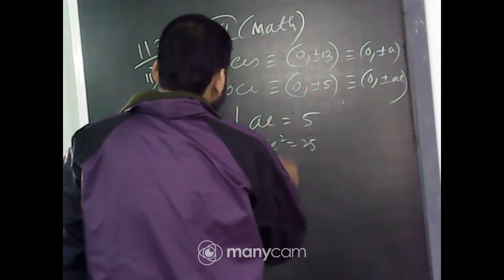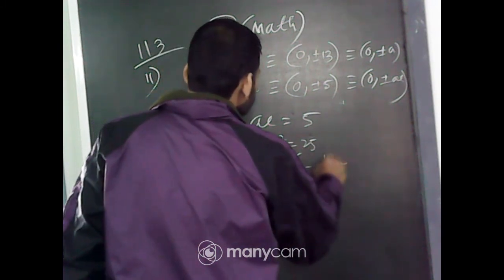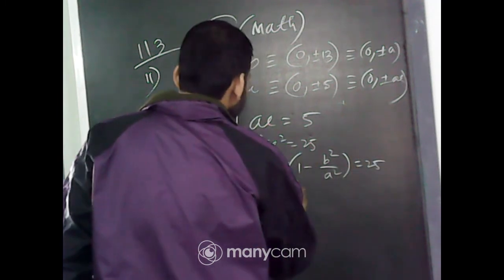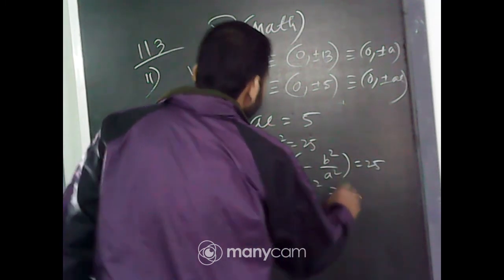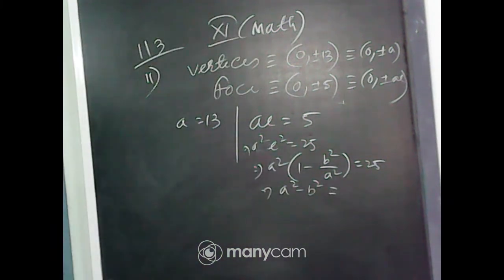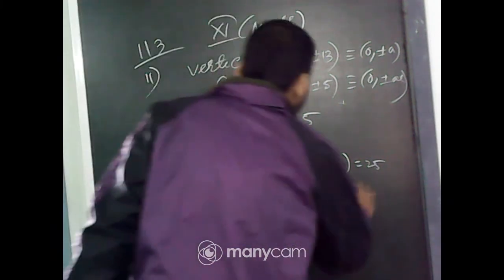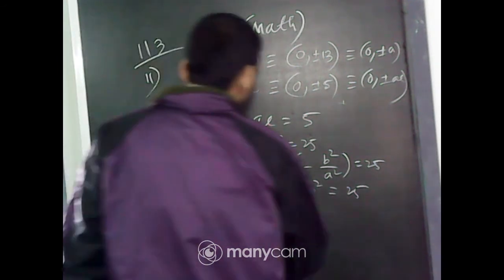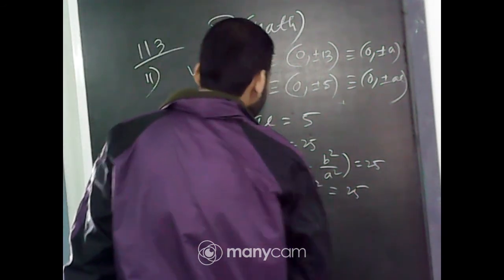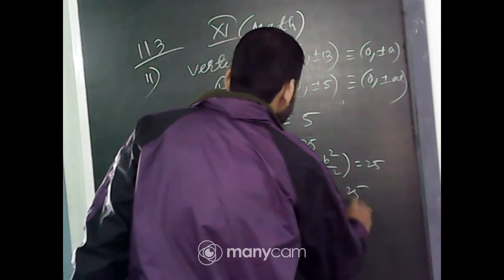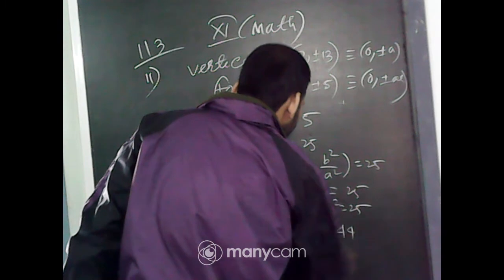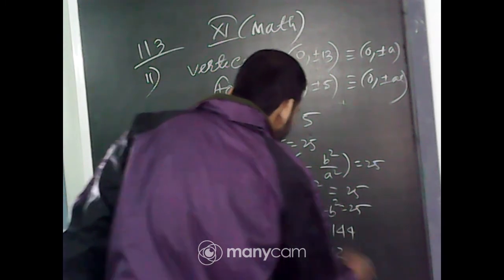That means a square into 1 minus b square by a square, that is 25. That means, whenever the bracket is removed, it will be a square minus b square, that is 25. Putting the value of a here, 169 minus b square, that is 25. So, b square means 144. So, b means 12.